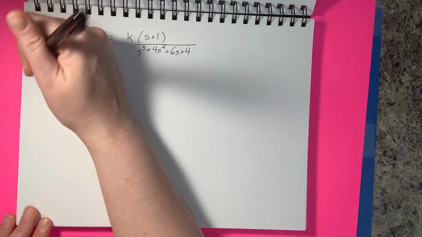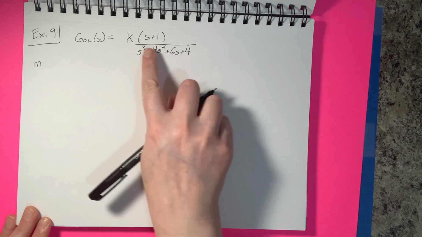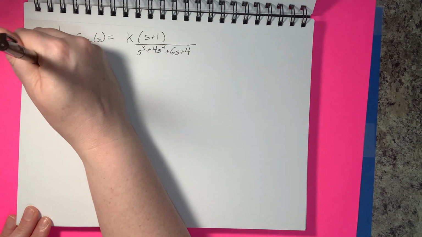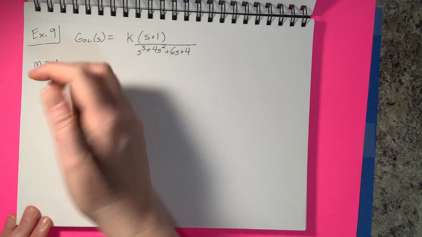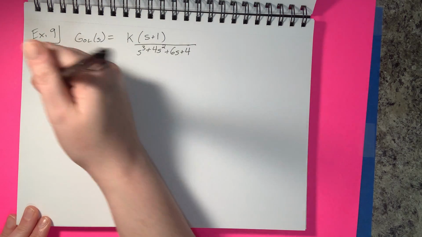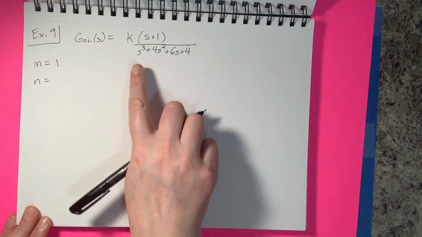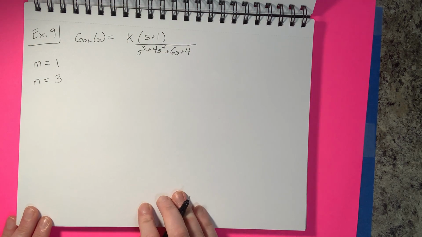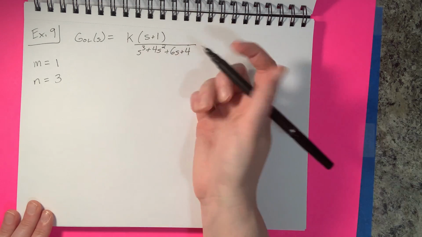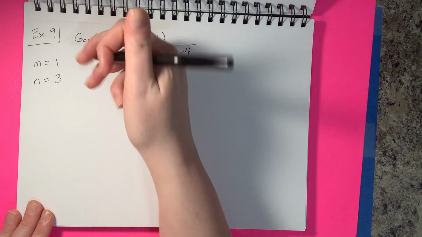All right, so for this one, we have a first order equation, just one, M equals 1, and for N, we have a third order polynomial, N equals 3 in this case. We want to find, again, the values.